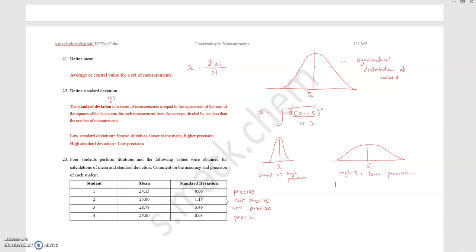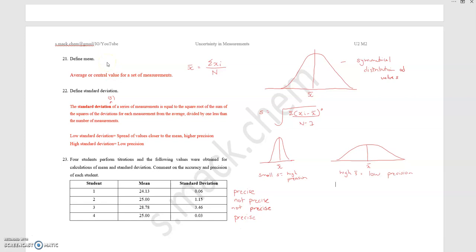Now let's look at the accuracy, where accuracy looks at the closeness of the experimental values to the true or accepted value. Now you are given the mean, and in a titration, the true or accepted value will be the value that most students obtain, and that value tends to be the central value for a set of measurements.